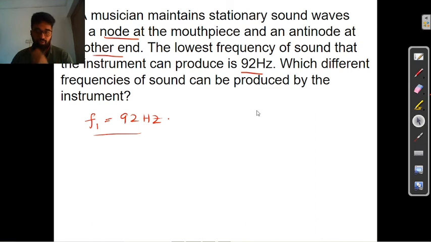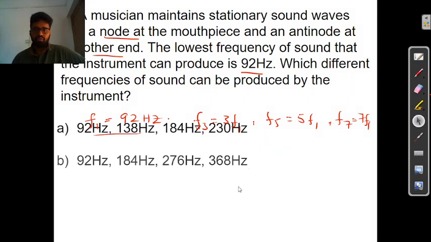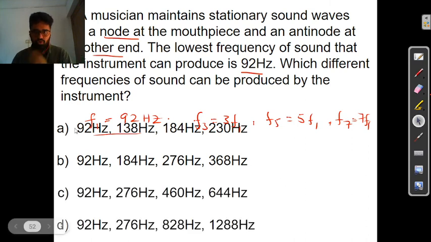So from the previous slide, I have just told that only odd multiples are possible for one open-ended and one closed-ended pipe. So you only have F3, that is 3 into F1, F5, that is 5 into F1, and F7, that is 7 into F1 should be your answers. So let's see, we have 4 options, and in these 4 options, see which are the multiples of 92. We need only odd multiples.